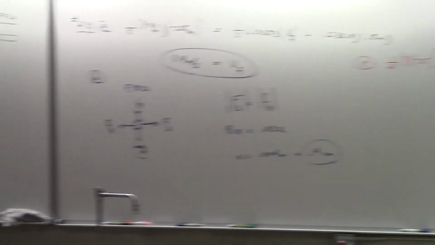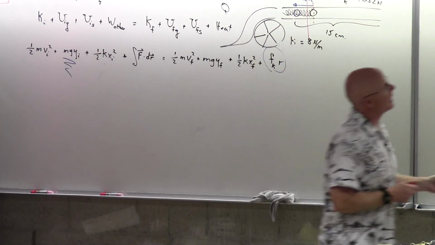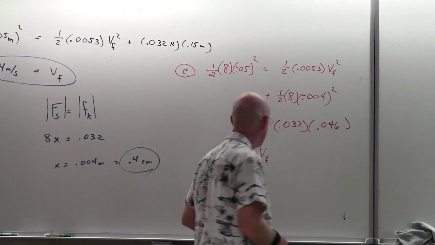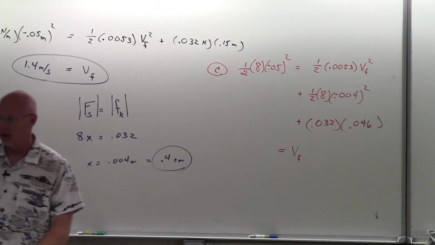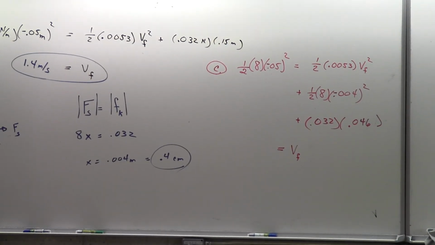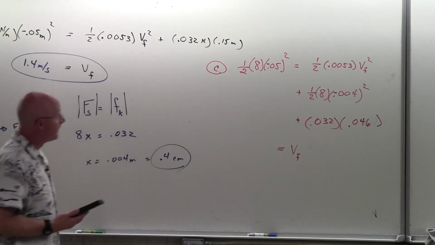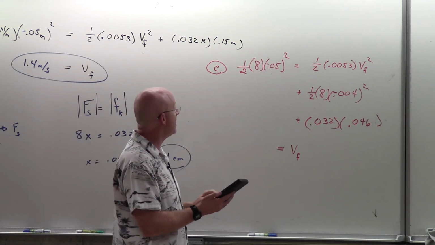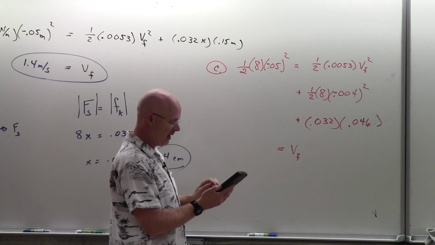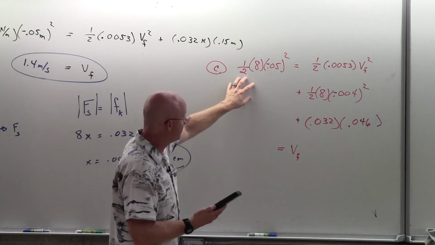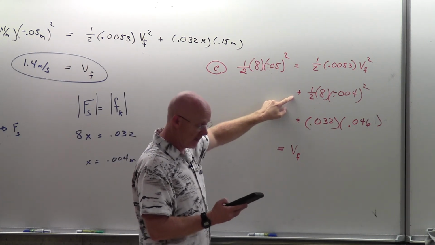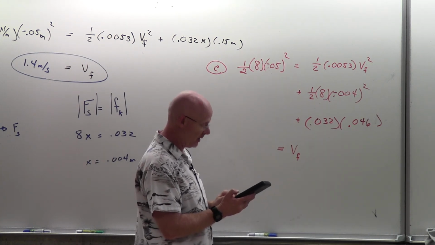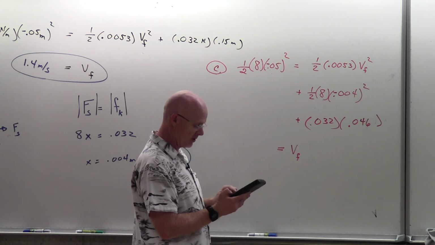I'm still back there. And so now that we're out of time, we can finish this problem by asking what this maximum speed is. I will start with that one again: 1/2 times 8 times 0.05 squared. That's the first term. I will subtract off this term, which is 1/2 times 8 times 0.004 squared.